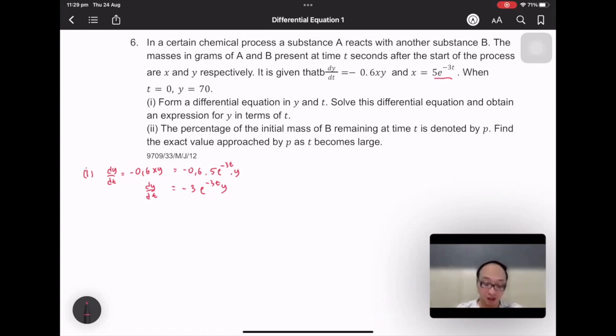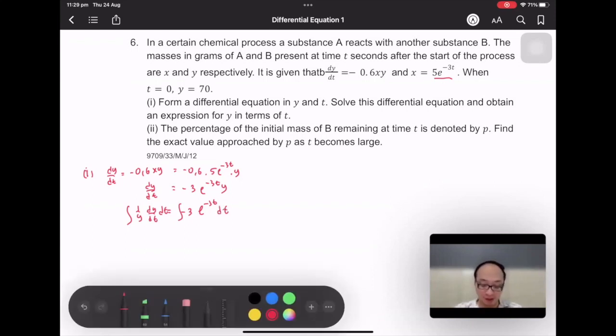So I move the y to the left side. So it's 1 over y dy/dt equals negative 3e to the negative 3t. And then I integrate both sides with respect to t. So I have the second type of differential equation.